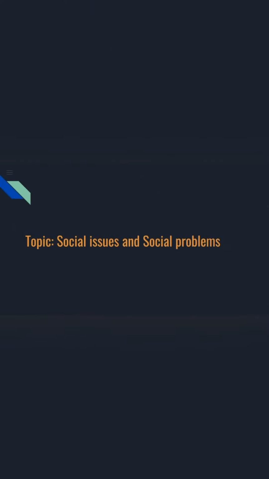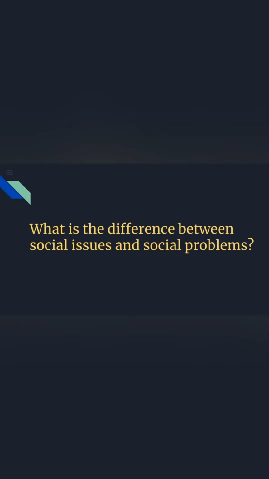Now, for today's class, we are going to be looking at social issues and social problems. Under this topic, we will be looking at the difference between social issues and social problems. We will be giving a definition for social problems, and we will try as best as possible to outline the characteristics of social problems, as well as listing some of the social problems that exist in our society.